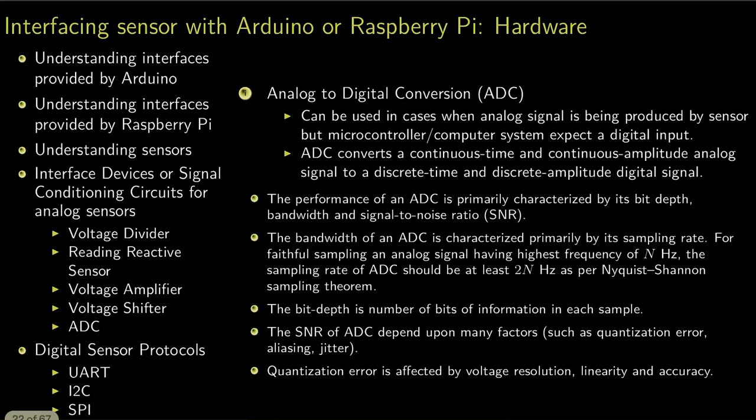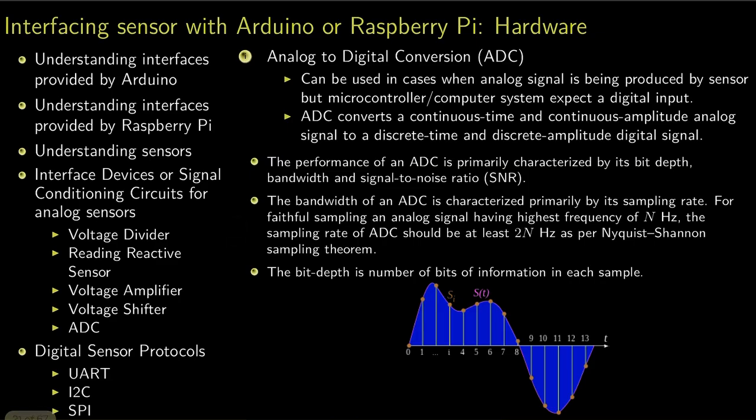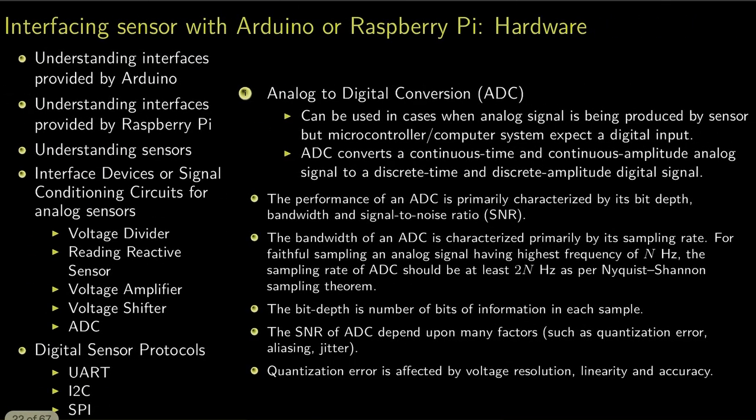So now we have the things that we have covered right here, the performance, the bandwidth, the bit depth. Now the SNR of ADC depends upon many factors such as quantization error, aliasing, jitter, all these things.